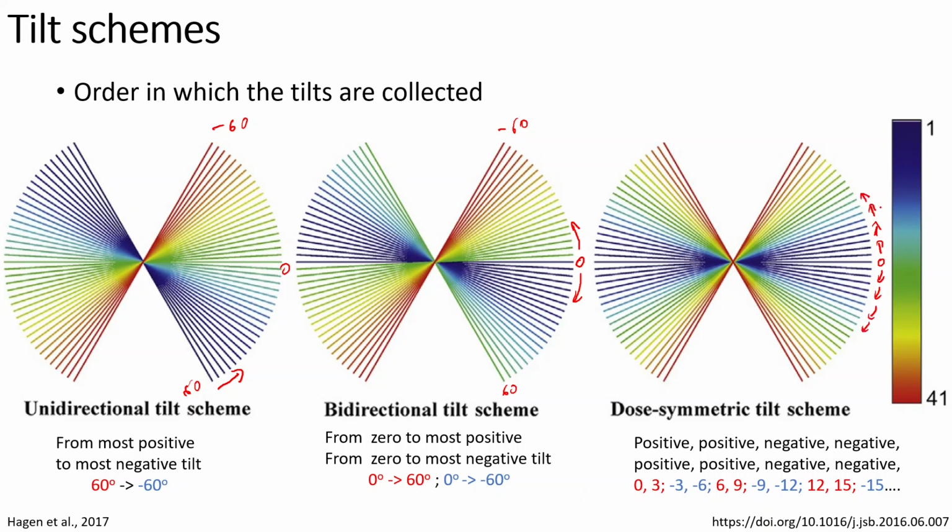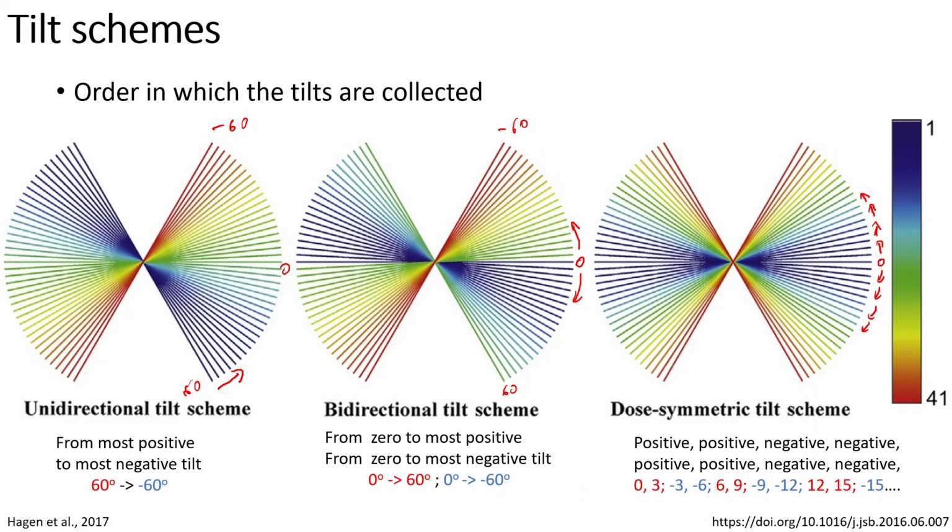This is the so-called dosimetric tilt scheme. Actually, the original dosimetric tilt scheme is defined as 0 and plus, then minus, minus, plus, plus, minus, minus. Sometimes some people use the 0 as an extra value, so they take 0, plus tilt, minus tilt, minus tilt, plus tilt, minus tilt, minus tilt.